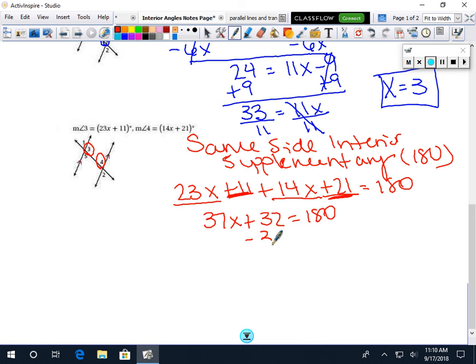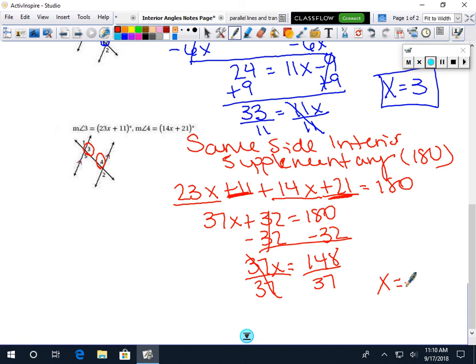So I'm going to subtract 32. 180 minus 32 gives me 148. So I have 37x is equal to 148. Divide both sides by 37, and x is equal to 4.